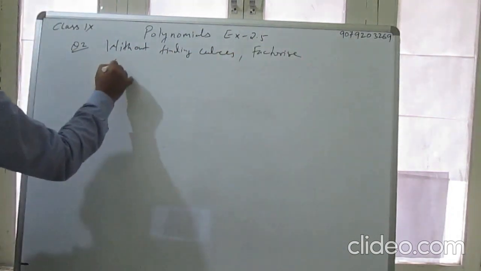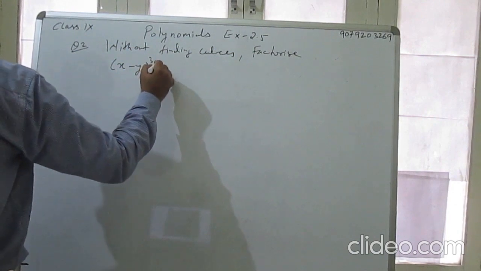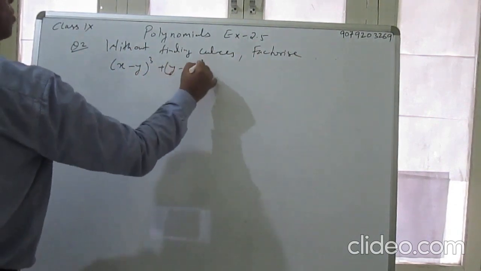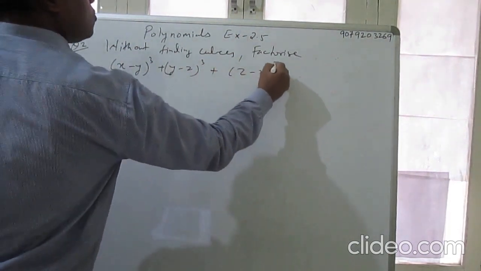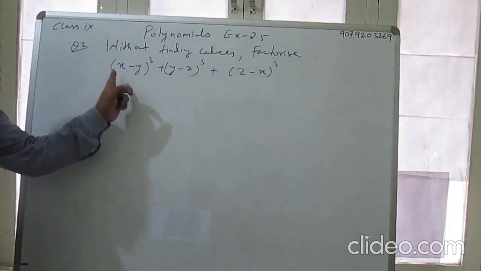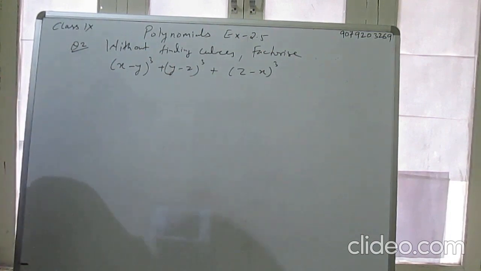The question is x minus y whole cube plus y minus z whole cube plus z minus x whole cube. Don't cube it. Don't apply the formula of cube.